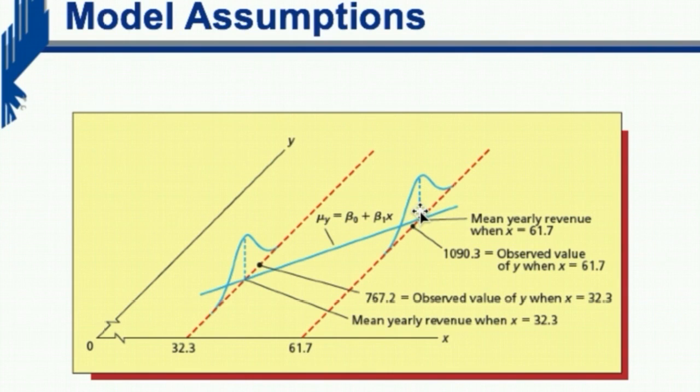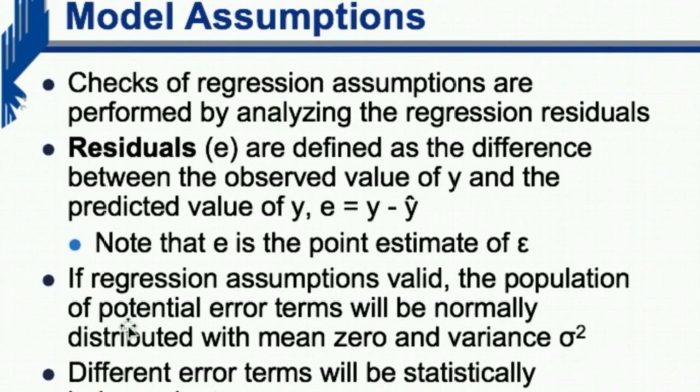Now, again, the model assumptions are verified by looking at the residuals. So the residuals in the regression analysis are the main basis for validating the assumptions of the regression model.